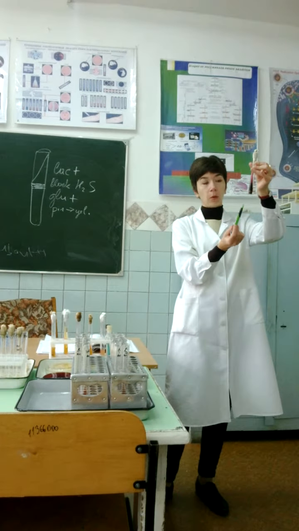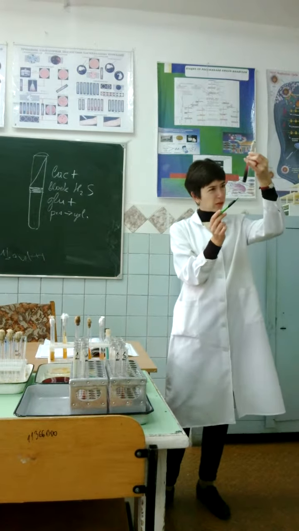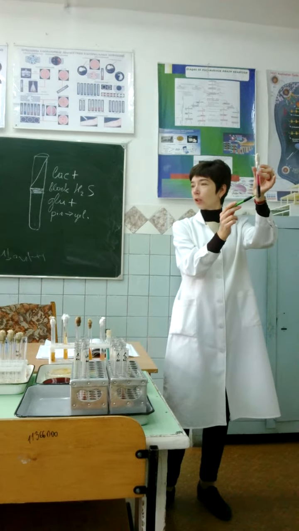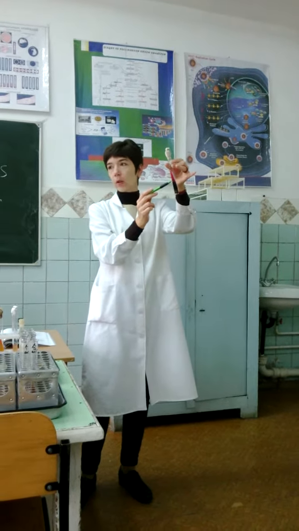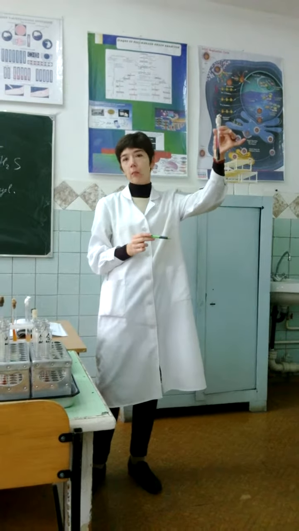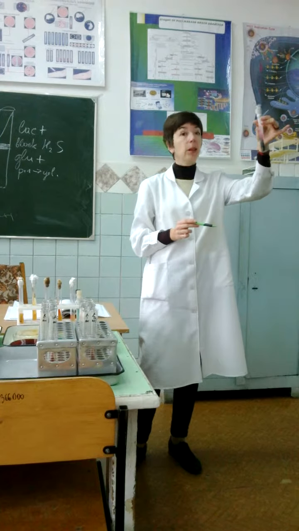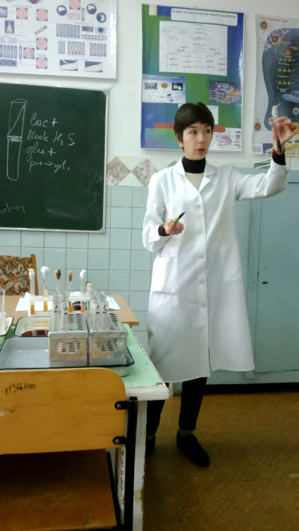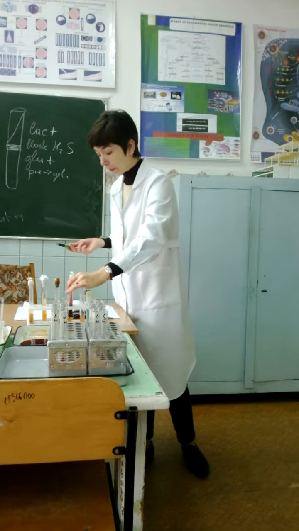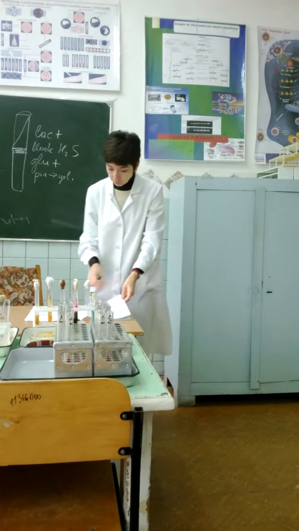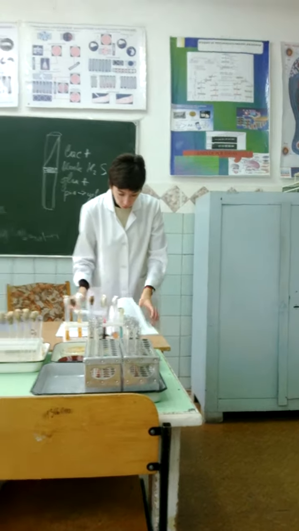It's changed to yellow, yes. Very much hydrogen sulfide. It destroyed glucose, doesn't destroy lactose, and produces very much hydrogen sulfide. This is Salmonella. Is it clear how to use this media to differentiate E. coli? Okay, next.